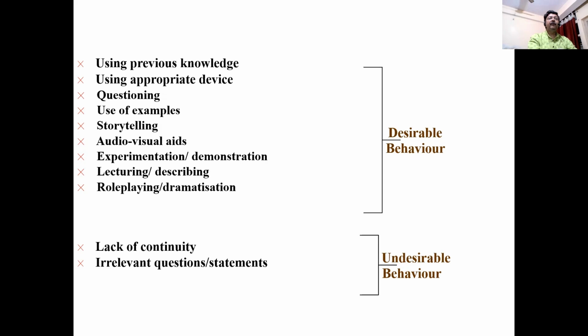Then we have the third or the fourth device, that is audiovisual aids. So that means videos or animations, audios, any of these that can be used to bring the learners to the situation, environment, or places relating to the topic.